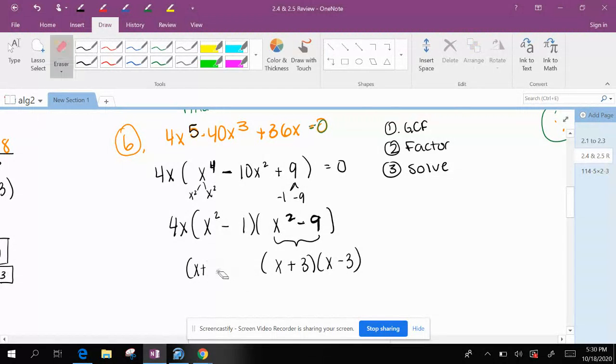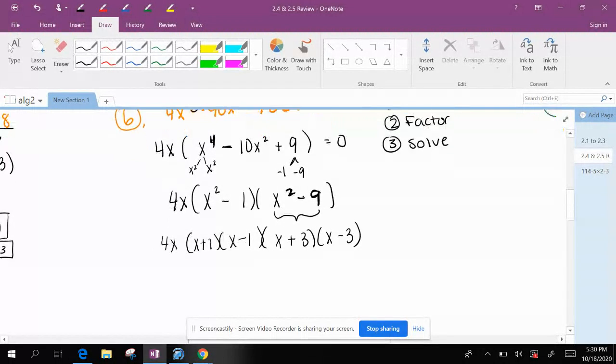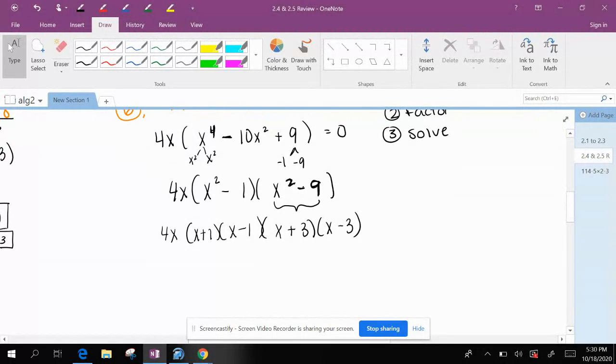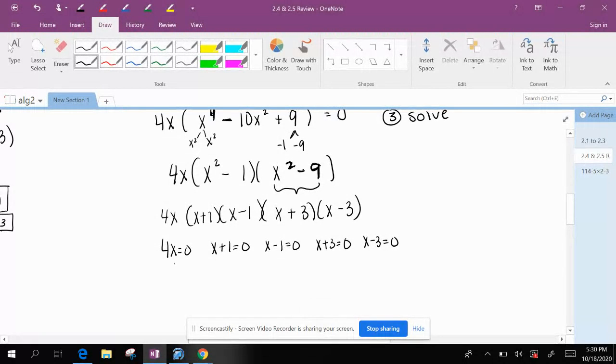Oh, I forgot my 1. And then I can set every single thing here equal to 0. 4x equals 0, x plus 1 equals 0, x minus 1 equals 0, x plus 3 equals 0, x minus 3 equals 0. That was a mouthful.